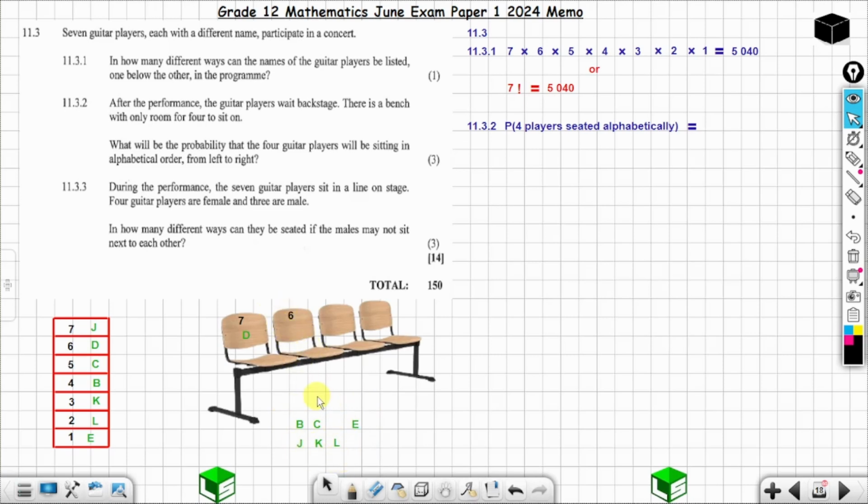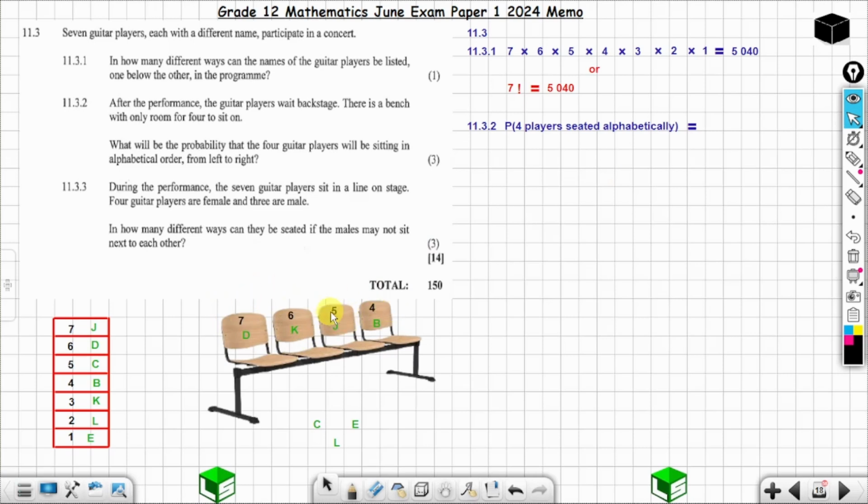I can put K. On the third seat, I've got 5 options to choose from. I can put J. On the fourth seat, I've got 4 options to choose from. I can put B.